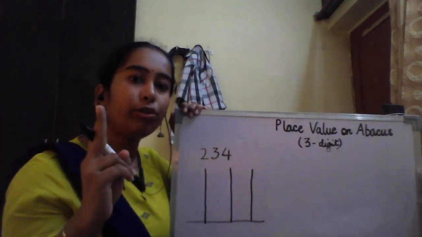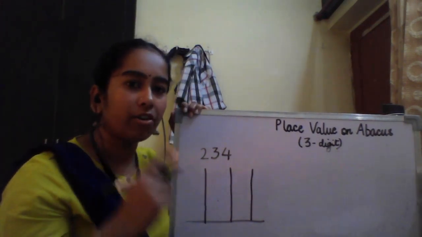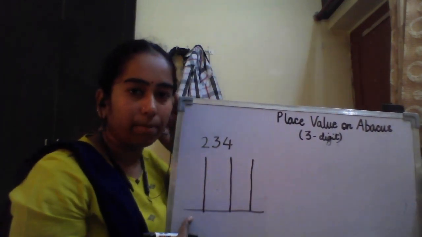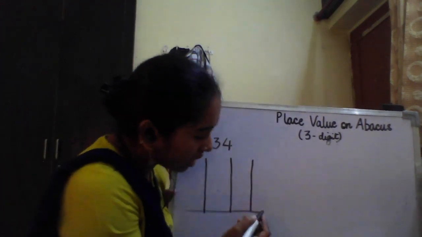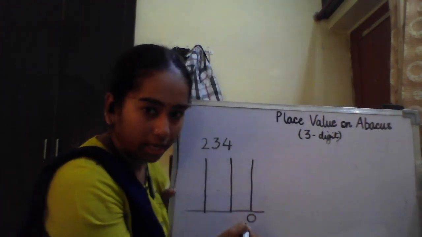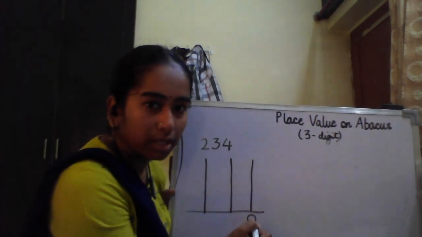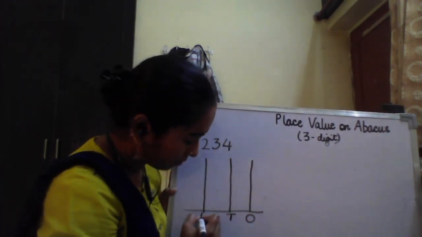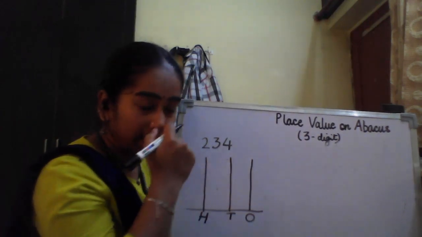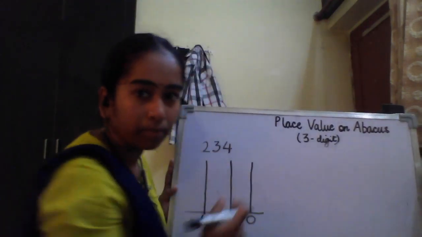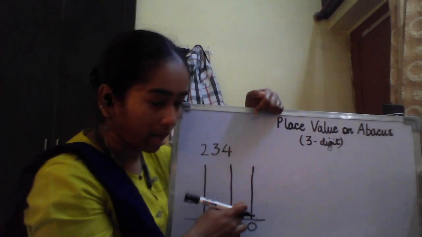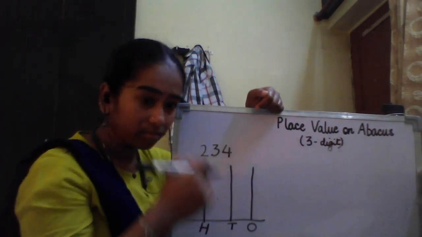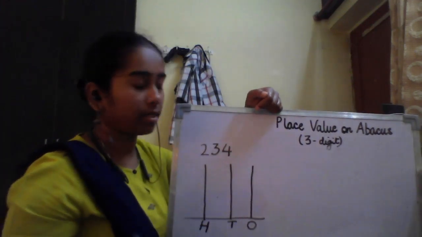Number 2, we will write the places under this. So let's write ones. Start from the left side: ones, tens, hundreds.